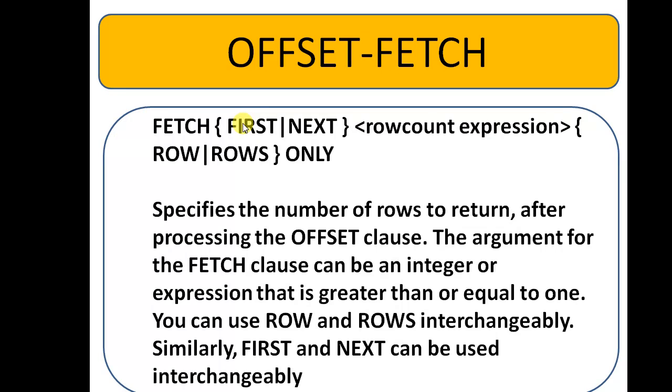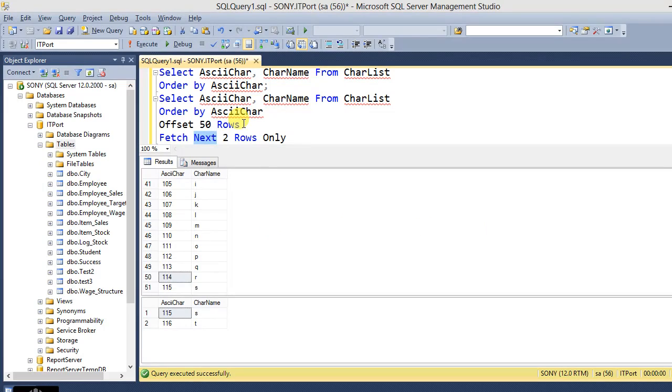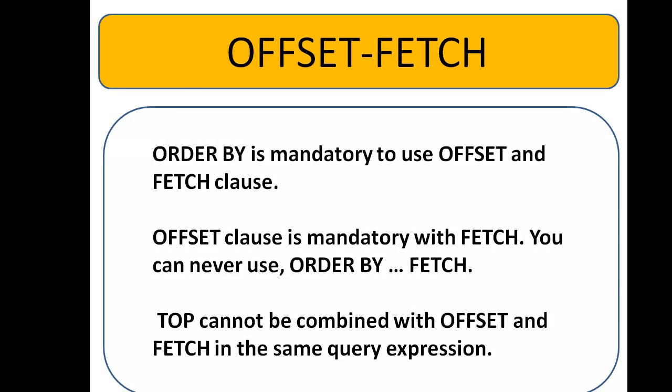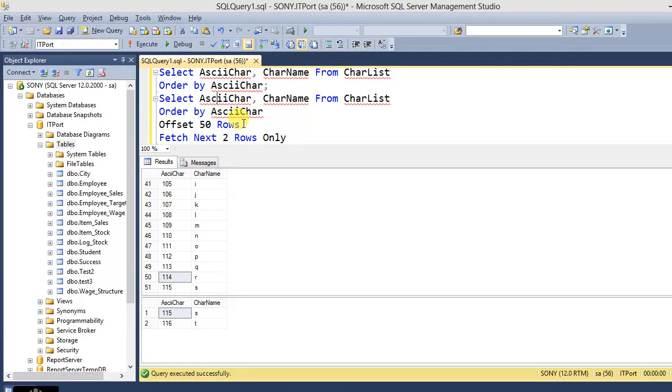So these are the simplest examples for the OFFSET FETCH clause.